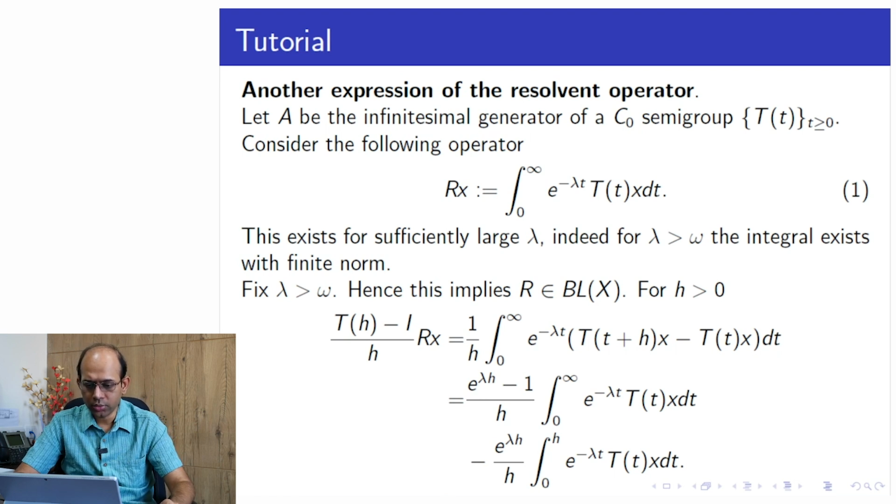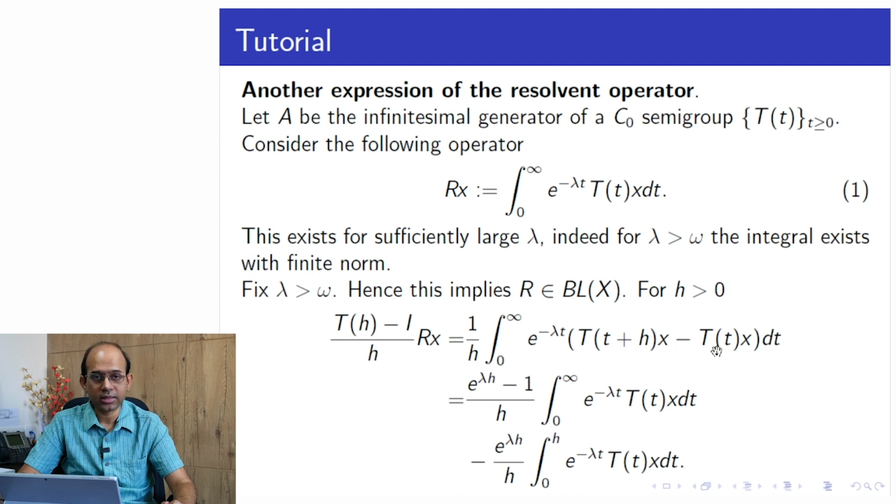So here we add h and then minus h, a minus sign and a plus sign, so plus e to the lambda h we take here. So e to the lambda h, if we do, then it is like e to the minus lambda (t plus h) and then T of t plus h here, but from h to infinity. Again using the substitution of variable, we want to write this as 0 to infinity, and then some term would be required, so a 0 to h term, integral from 0 to h of e to the minus lambda t T_t x dt. And the minus 1 term, where is it coming from?